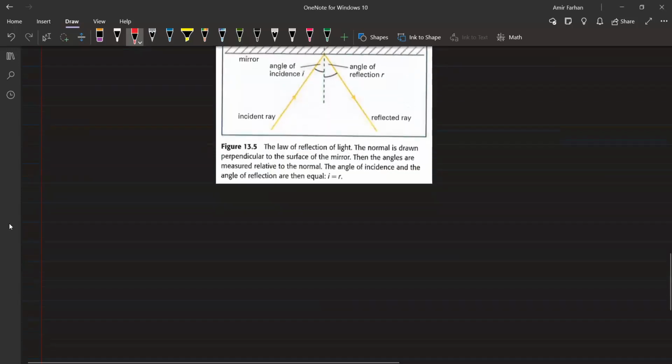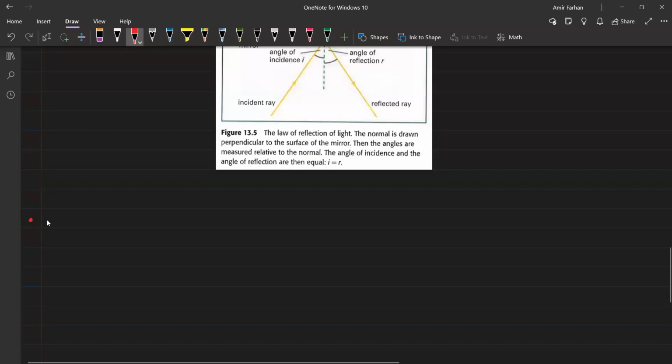So let's understand the word image. What does it mean basically? Check image. Image is an optical appearance of an object.